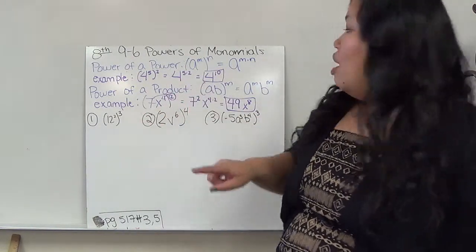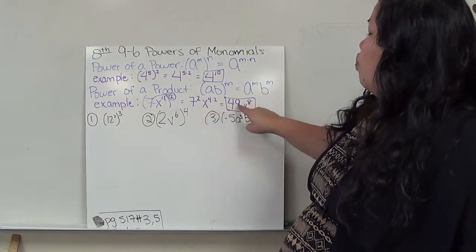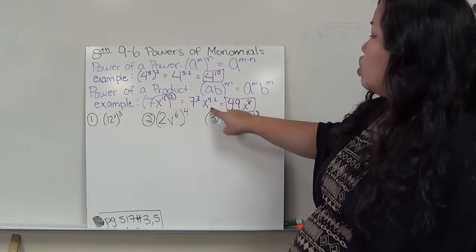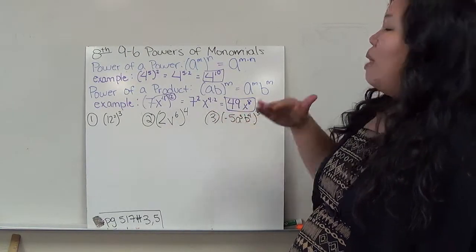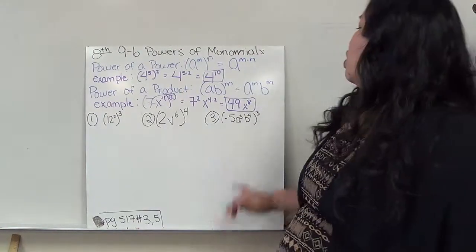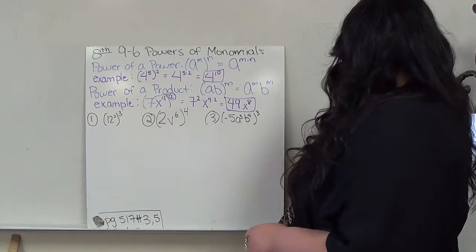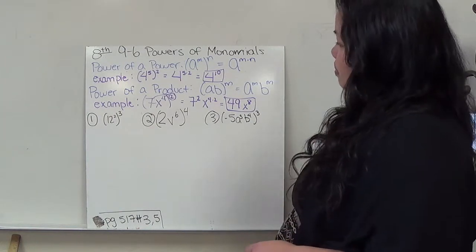Then I multiply these out. I end up with 7 squared, which is 49, and then x to the power of 4 times 2, which gives me x to the 8th. Okay?